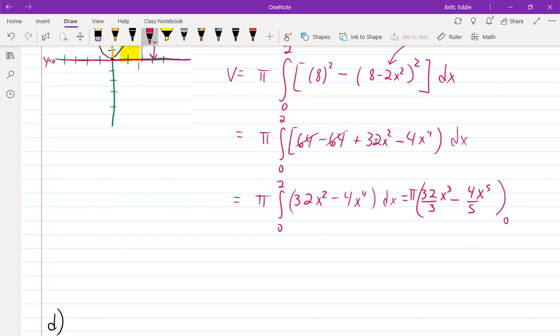All right, and then I evaluate that from 0 to 2. So I have to plug in the top boundary first and then the bottom boundary second. So I have pi times, if I plug in a 2, that's going to be 32 over 3, and then 2 cubed is 8. So times 8 minus, and then that's going to be 4 fifths, and then 2 to the fifth power, that's going to be 32.